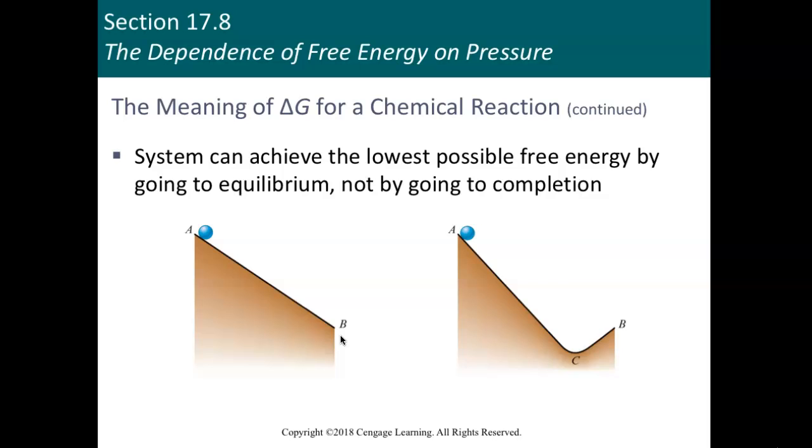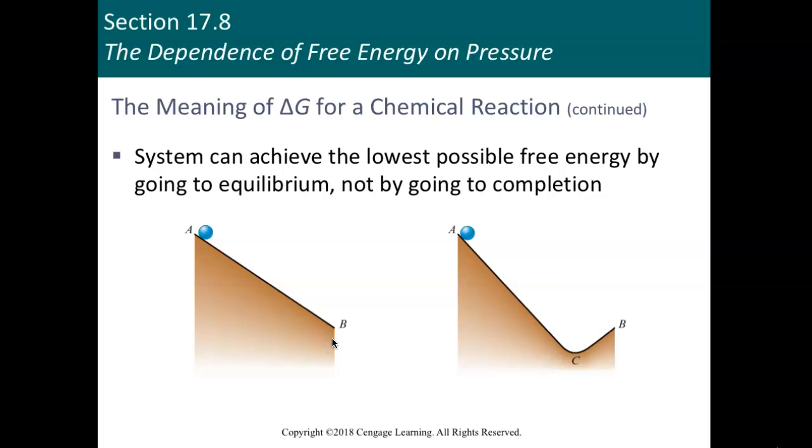So this would be something like a phase change, where A is ice and B is water. When the ice melts, it can only go to water, only has one choice. Okay, there's no intermediate, and we know that the water has lower free energy because it has more disorder than the ice.